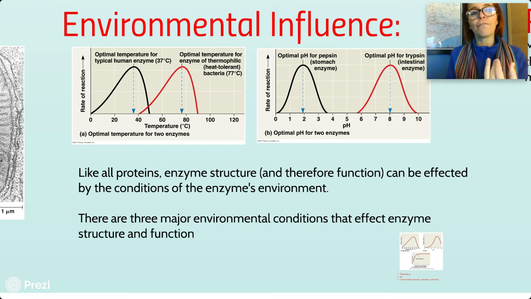For example, that FRQ question where we moved a protein from a hydrophilic, or water, solution into a hydrophobic solution, and we said the enzyme would denature and change its shape because the R groups would swing to other positions. Same idea here. If we change the environment in some way, it's going to impact those R groups, and they're going to change how they're bonding with each other and with the environment. There are three major environmental conditions that affect enzyme structure and function.